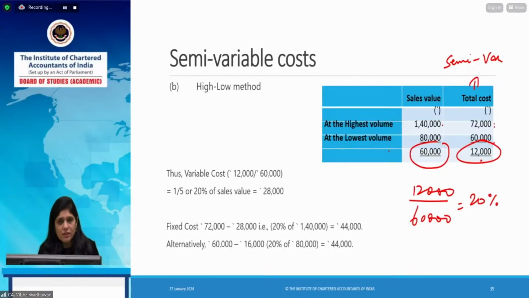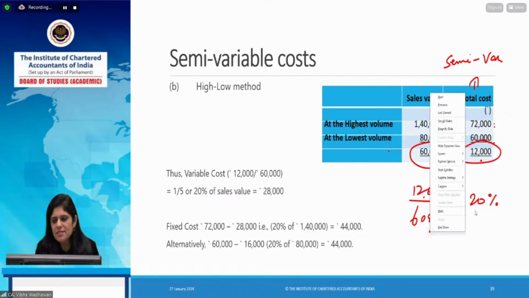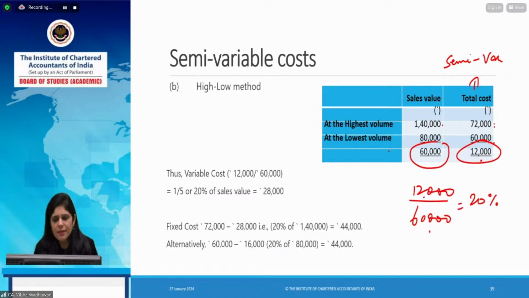Through this method, we are calculating the variable cost in the total cost. Fixed cost will be the balance. So this is the high-low method. Highest sales, lowest sales, highest cost and lowest cost. Sales का difference लोगे आप और cost का difference लोगे. Difference in cost divided by difference in sales आपका 20% आ जाता है. That means variable cost is 20% of sales.